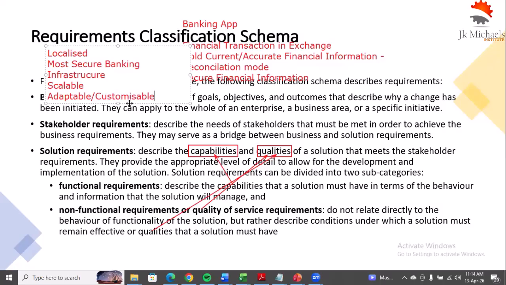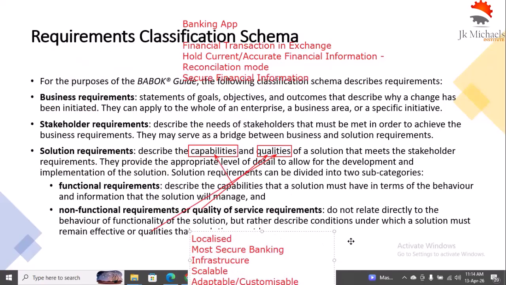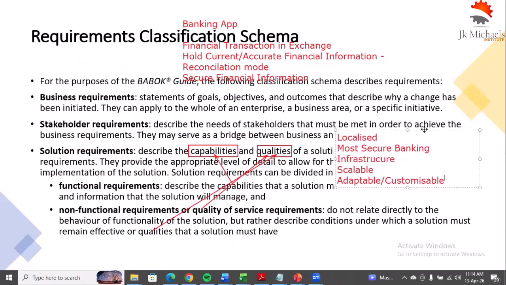All of these are not really functional requirements, but they are quality of service requirements or non-functional requirements. The fact that the banking app can speak Igbo or Isoko or Ijo or Hausa is a very good example of localization.